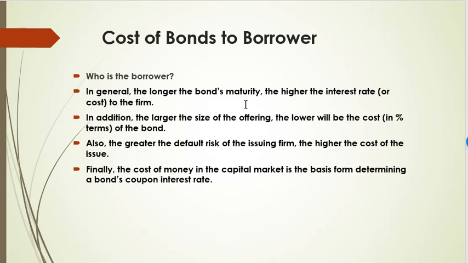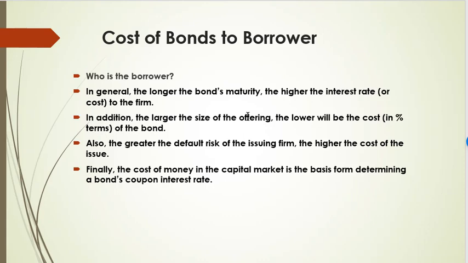The longer the bond's maturity, the higher the interest rate or the cost to the firm. All of these then also transfer to the investor. So if the corporation is paying a higher interest rate, the lender is receiving a higher interest rate.